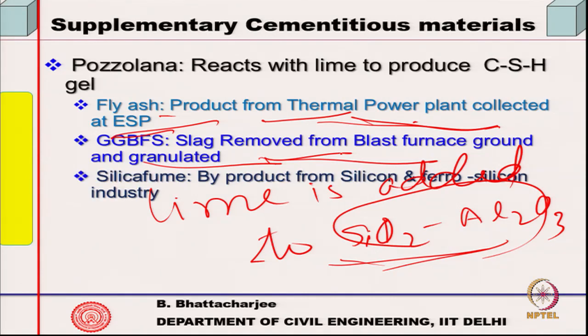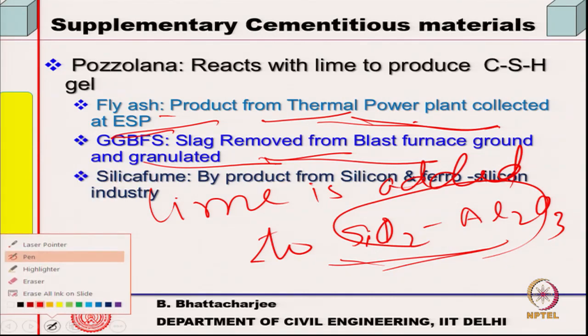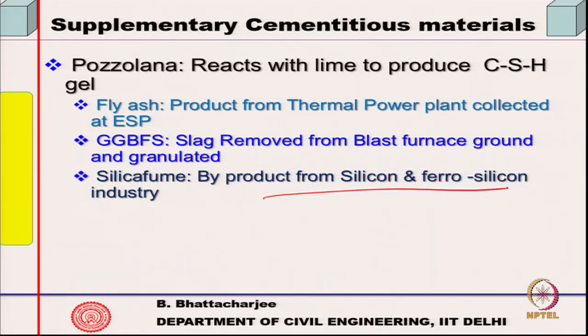So, this is the other one. Silica fume comes as a byproduct from the silicon and ferrosilicon industry. What they do is heat up quartz to a high temperature of around 2200 degrees centigrade to get silicon metal.